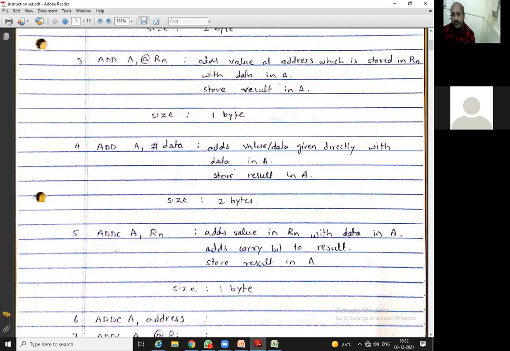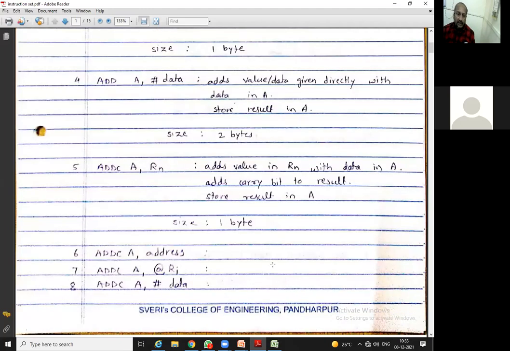It adds the value in Rn with the data in A, plus adds the carry bit to the result. That is the only additional step done when you write the ADDC instruction. And finally, the result is stored in A.